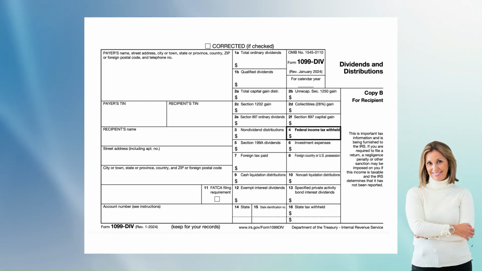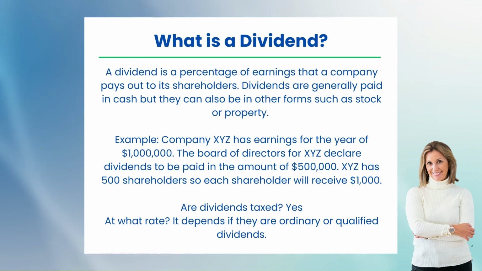So let's start with what is a dividend. A dividend is a percentage of earnings that a company pays out to its shareholders. They are generally paid in cash. They can also be in the form of stock or other property. But since they are generally cash, that is the type we are going to focus on today.